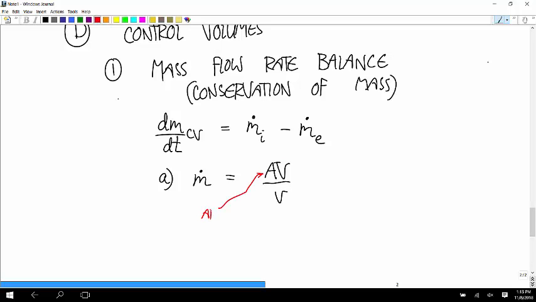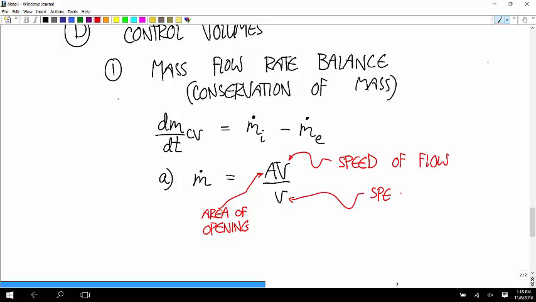So this is the area of the opening, the speed of the flow, and this is the specific volume.